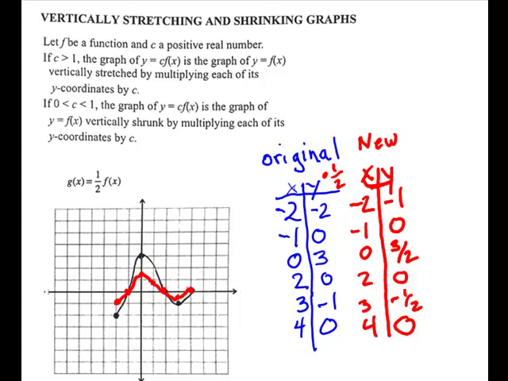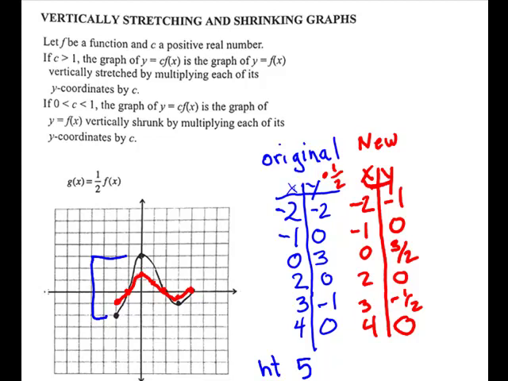Right, and we can check our height on these. The original one is 2 plus 3 is 5. And our new one is 1 below and 1 1/2 above.